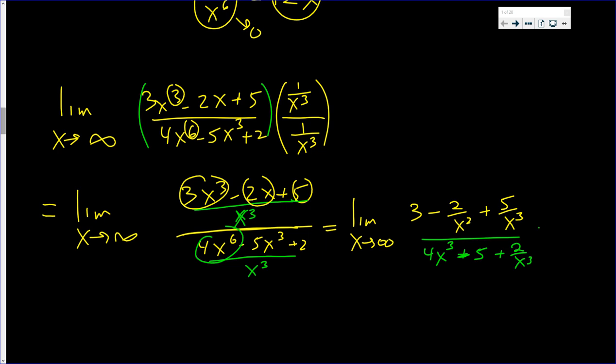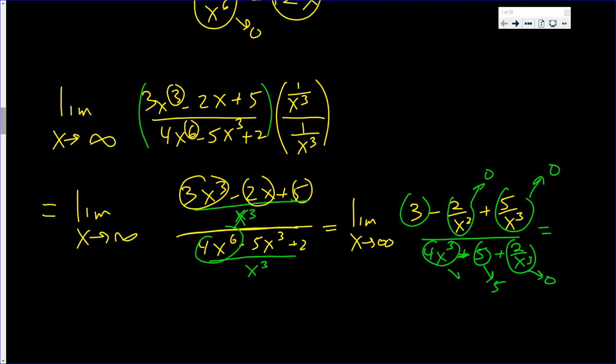Well, the numerator just goes to 3 because these go to 0. Those go to 0. This just goes to 5 and that goes to 0. Well, this goes to infinity. So we're going to get 0. 3 over really, really large is 0.